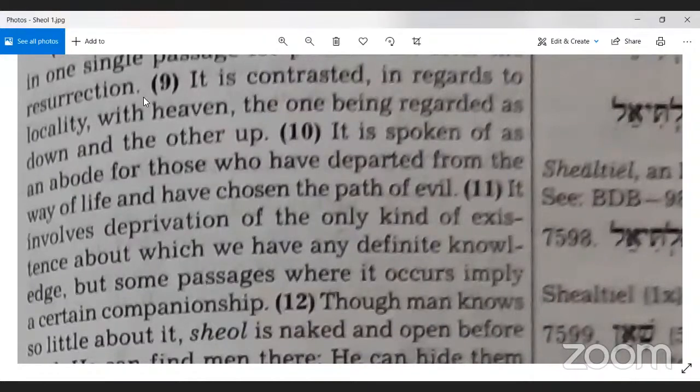It is contrasted in regards to locality with heaven, the one being regarded as down, the other up. 10. It is spoken of as an abode for those who have departed from the way of life and have chosen the path of evil. Y'all see that?